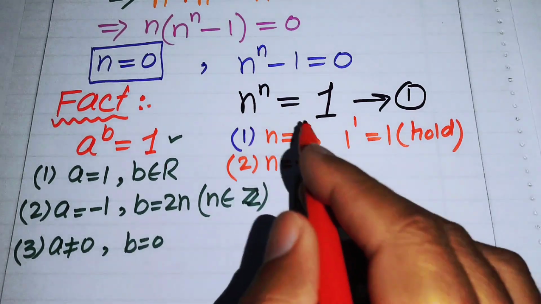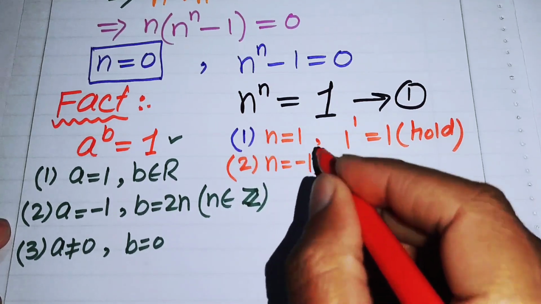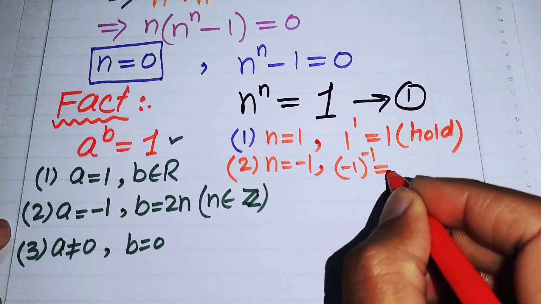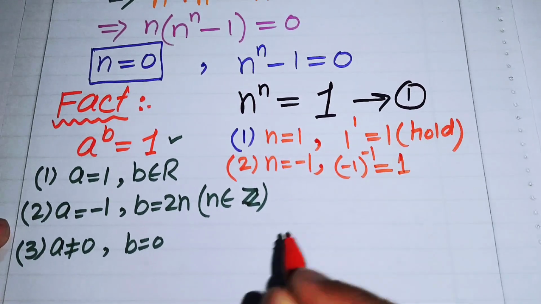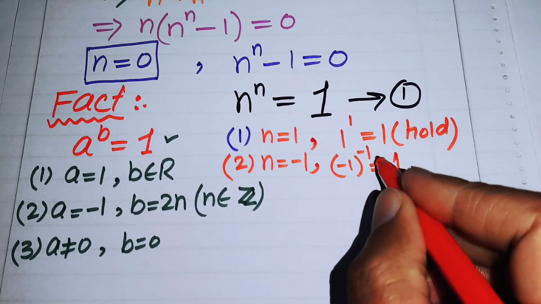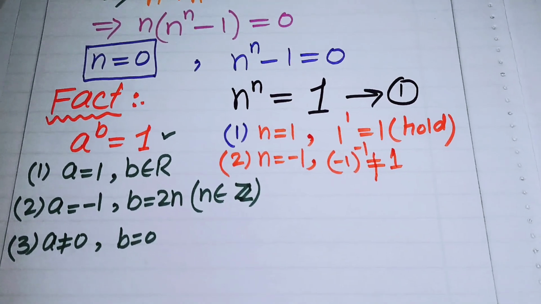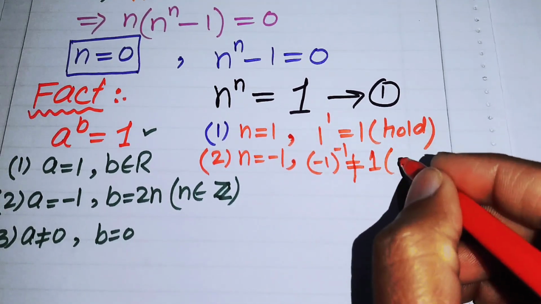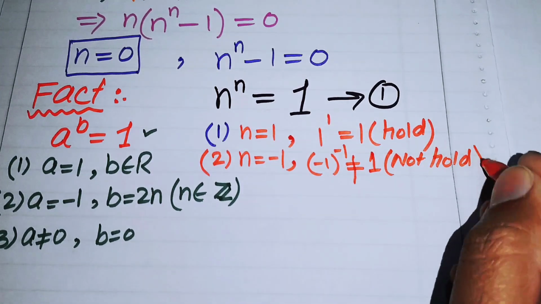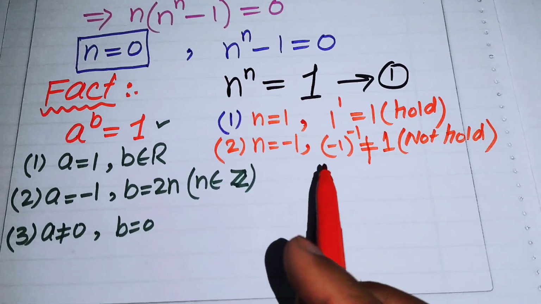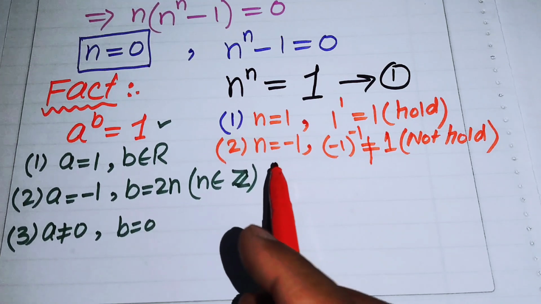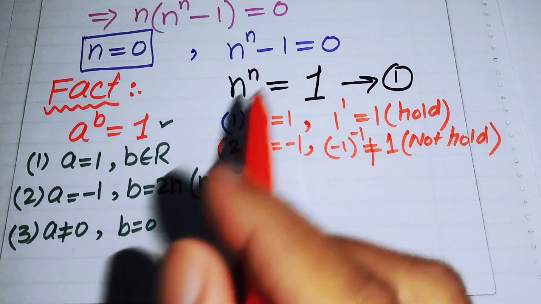So this expression becomes -1 to the power of -1, which should equal 1. But you know that -1 to the power of -1 is not equal to 1, so it does not hold. -1 equals 1 is not possible, so n equals -1 is not a solution of this equation.